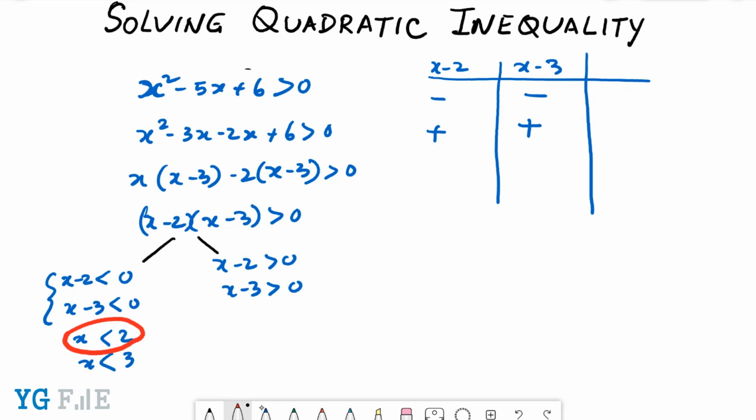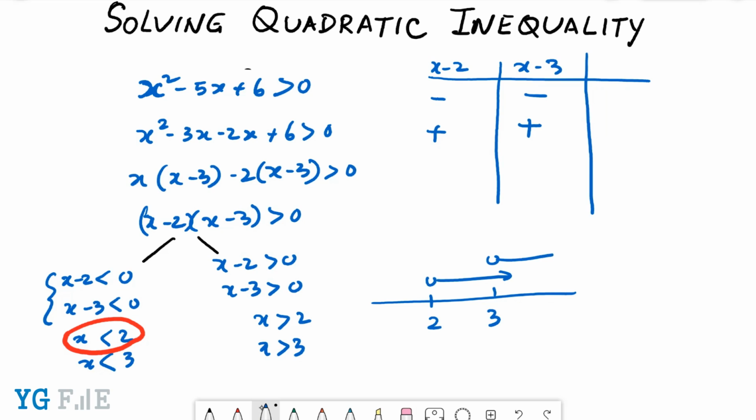For the second one, we say x greater than 2 and x greater than 3. When we again draw the two inequalities on a number line, we get x greater than 2 and x greater than 3 to the right hand side of the numbers. The common solution for both will be x greater than 3, because you can see that x greater than 3 satisfies both inequalities.